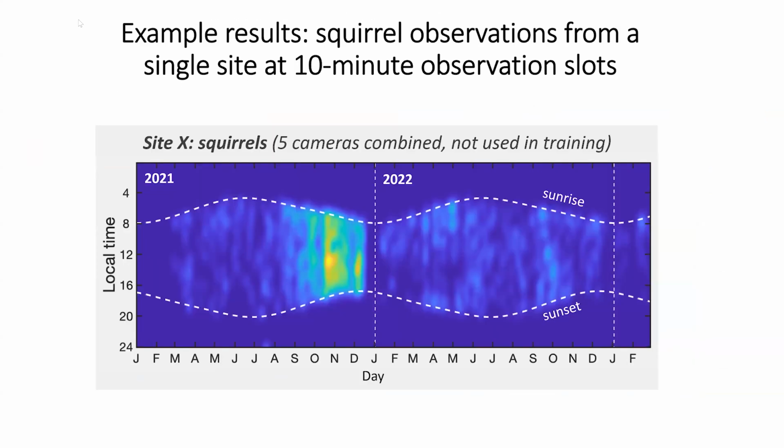Once we run this pipeline through the data, here as one example from one site, we will get this kind of plot, which in this case shows when these squirrels were active and when we could detect the squirrels from this site as a function of day of the year and time of the day. So each small pixel here is a 10-minute observation slot, and the color shows how much squirrel activity we picked up. And you see that the data are quite nice and clean in the sense that it follows the patterns of the sunrise and sunset as expected.